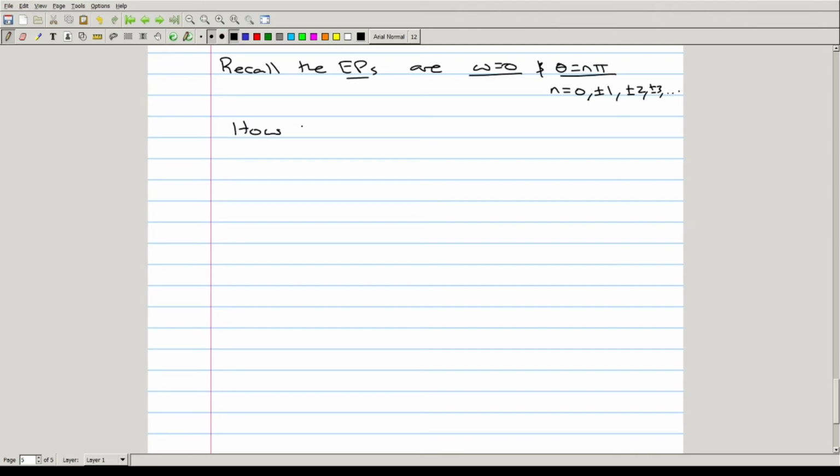And we want to figure out how to choose a Liapunov function. In physical systems, we're going to try and use the total energy to determine the Liapunov function.